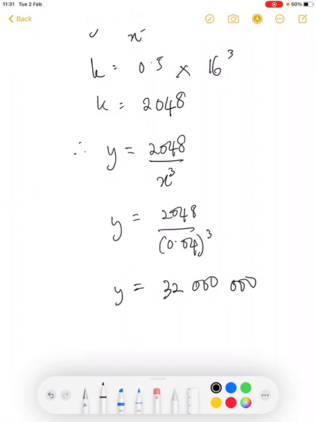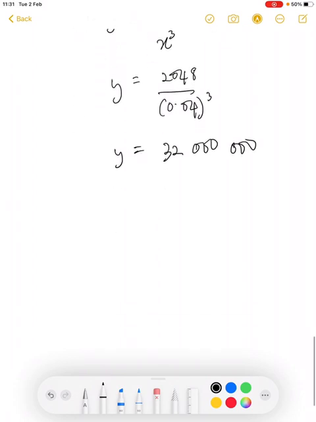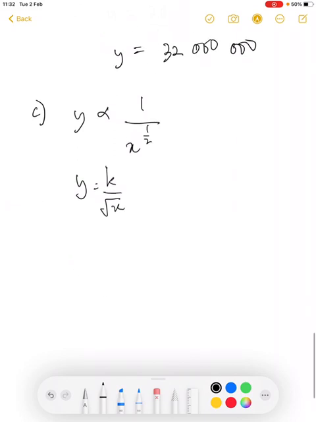Okay, C, y varies inversely as x to the power of 1 over 2. k equals 0.5 times the square root of 16, which is 2.